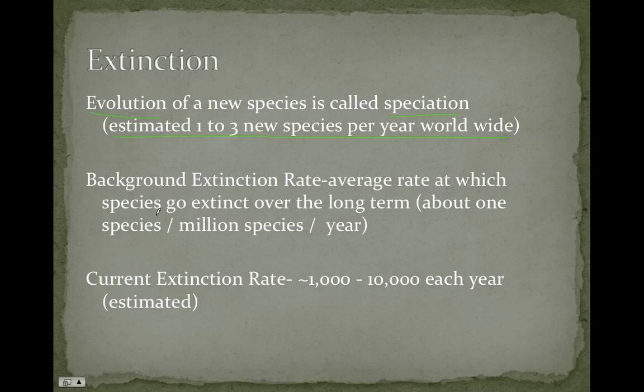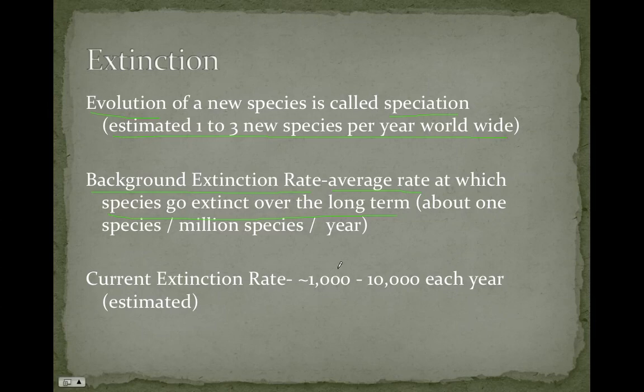However, there's a natural rate of extinction. Species get kicked out of their niches, and so they go extinct. So there's a background extinction rate. Background extinction rate is an average rate of how fast species go extinct over a long period of time.